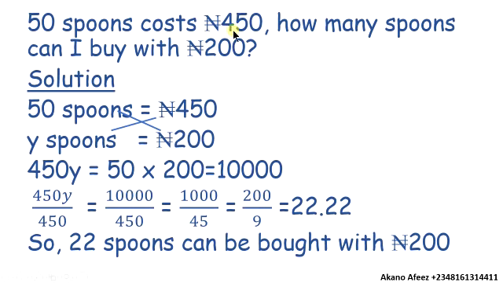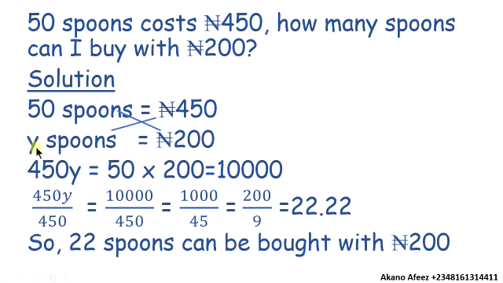50 spoons cost 450 naira. How many spoons can I buy with 200 naira? Translate into a mathematical statement. 50 spoons equals 450 naira. How many spoons? We don't know the number of spoons, so I will represent the number of spoons with a letter.